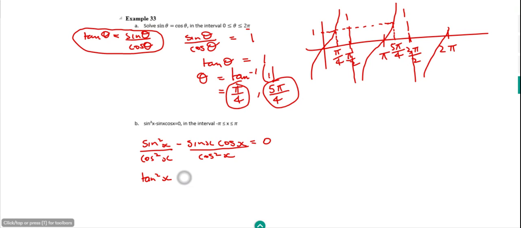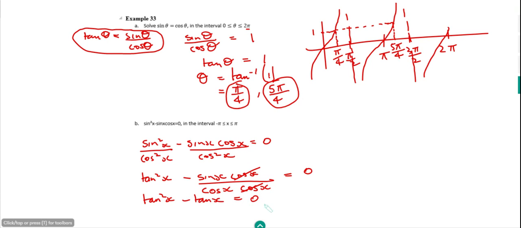And if we just expand the cos squared on the bottom here, to make it a little bit clearer what I'm doing, then since cos squared x is cos x times cos x on the bottom of this one, one of the cos x's can cancel with the cos x on the top, and so I'd be left with sine x over cos x, which again is just tan. So what I've got is tan squared x minus tan x equals 0.